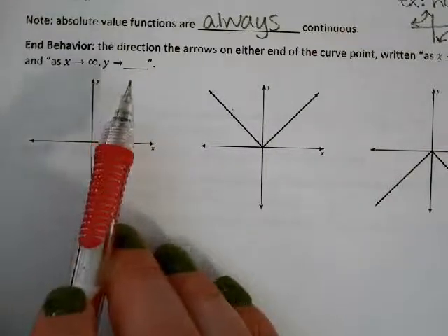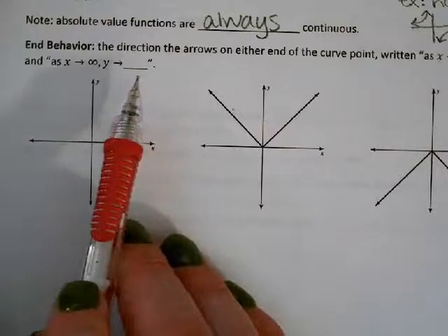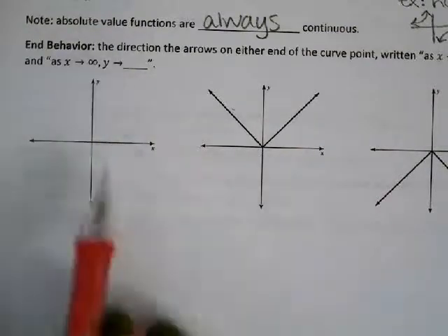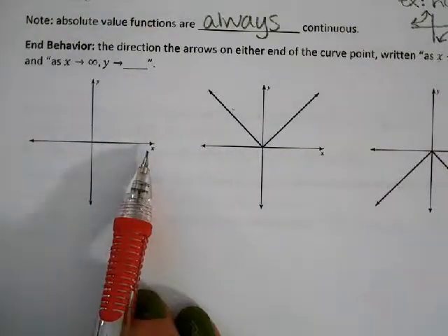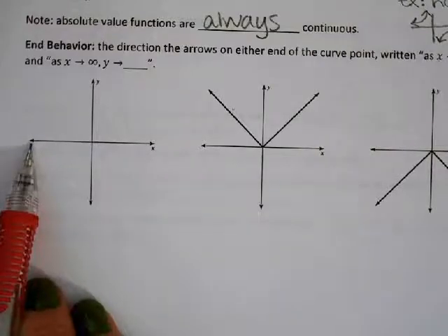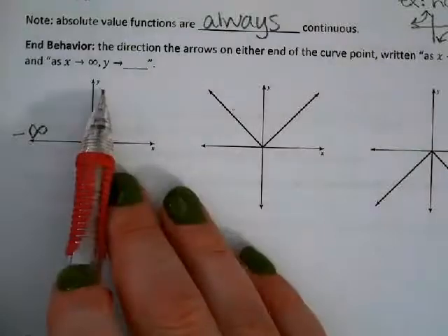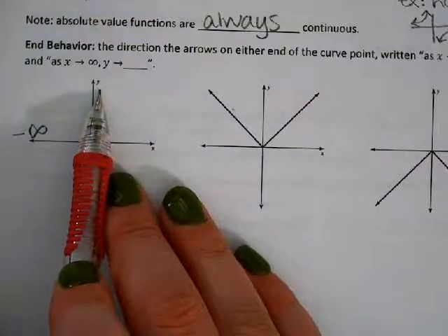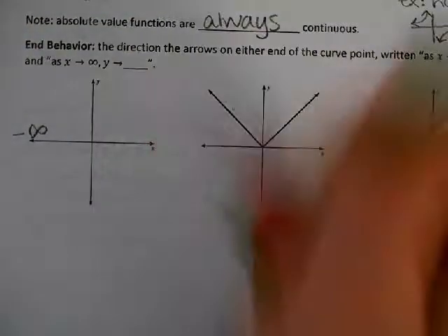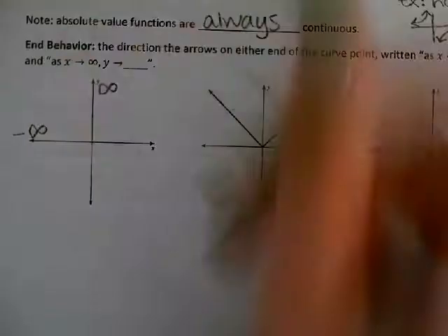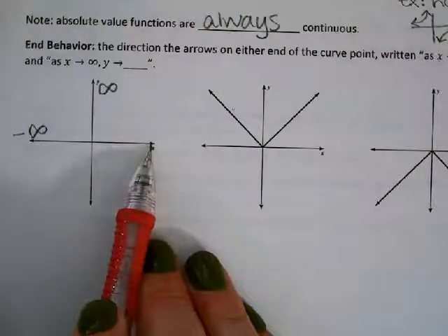Okay? So let's think about our infinities. If we have an arrow that's going to the left, what kind of infinity is that? That's a negative infinity. Okay. If we have an arrow going up, what kind of infinity is that? It's positive infinity. Okay. If we have an arrow going to the right, what kind of infinity is that? Positive. Okay.